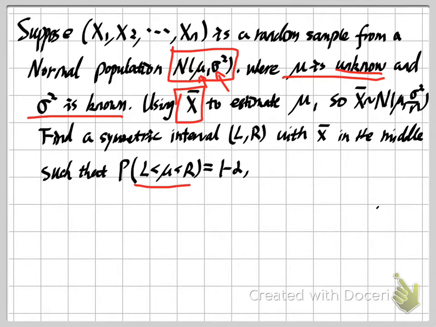Of course, here we have one more number, 1 minus alpha: we want the true value mu to be between these left and right endpoints with probability 1 minus alpha.